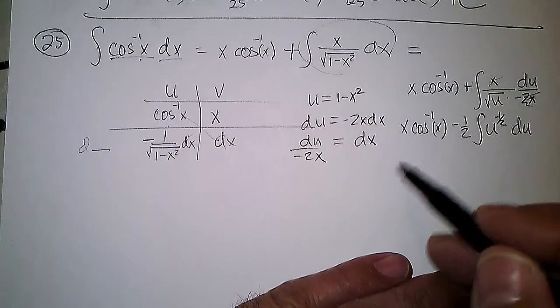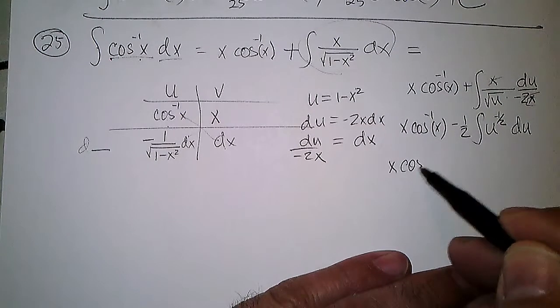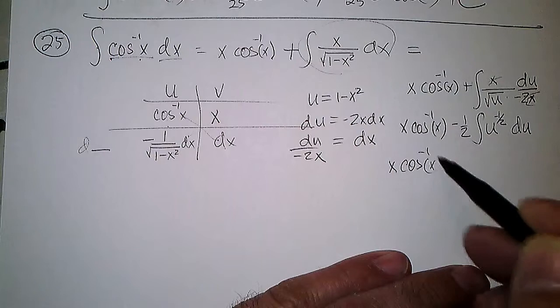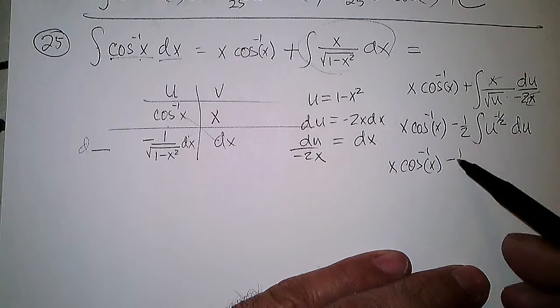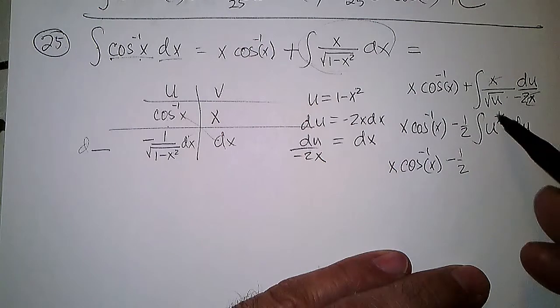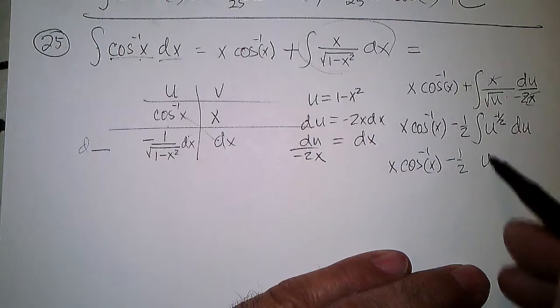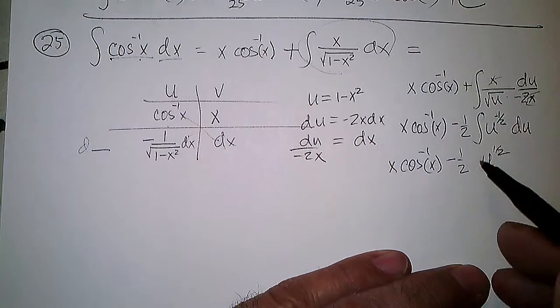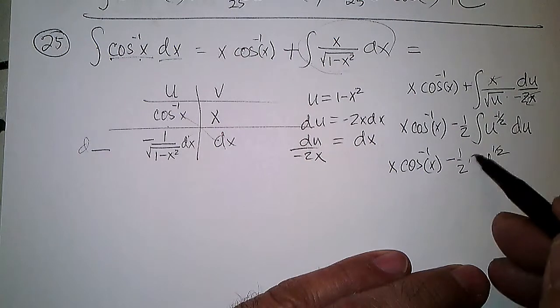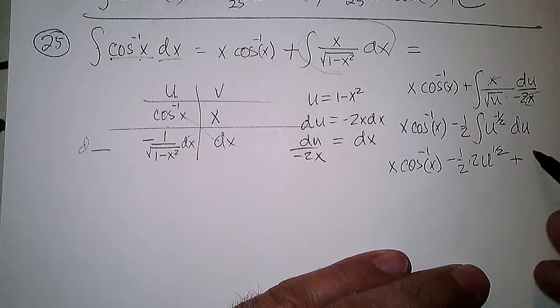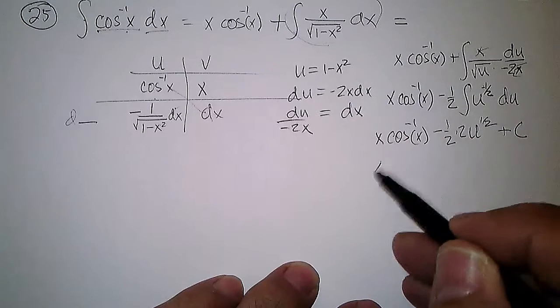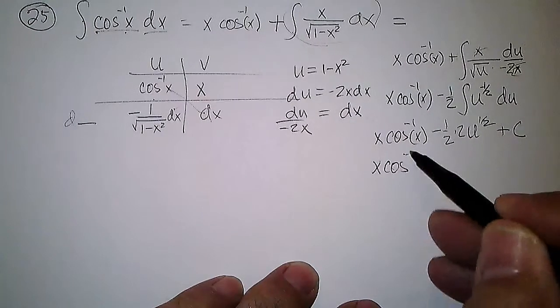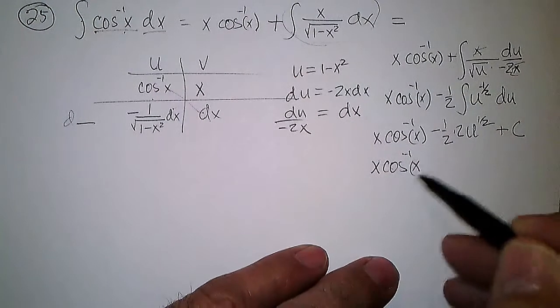So that would become x cosine inverse of x minus 1/2. And raising this by 1 would make it u to the 1/2 times 2 over 1 plus c.